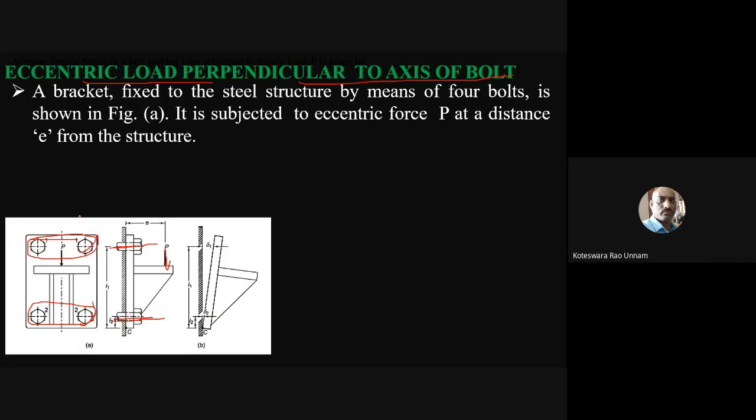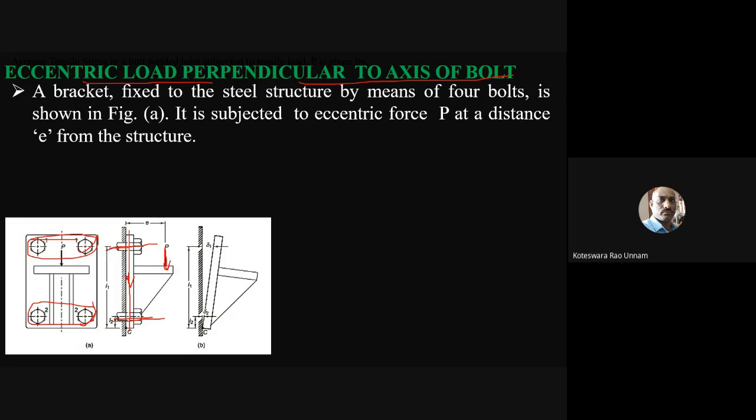Now to do the analysis, first, again, two effects are there like in the previous case. Here also, if I transfer this force to the center of the bolt system, its effect is going to be a direct shear stress, plus it will create a moment.